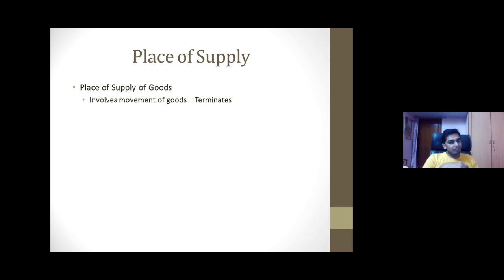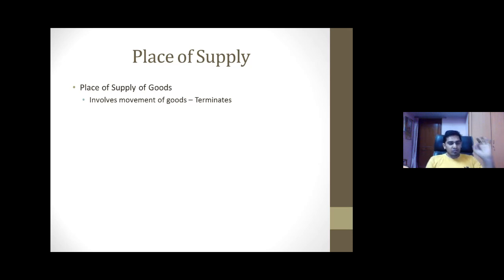In that case, this rule would be applicable because movement of goods has happened. Now where would the GST go, Rajasthan or Delhi? Simple. Where the movement of goods terminates. The movement terminated in Rajasthan.